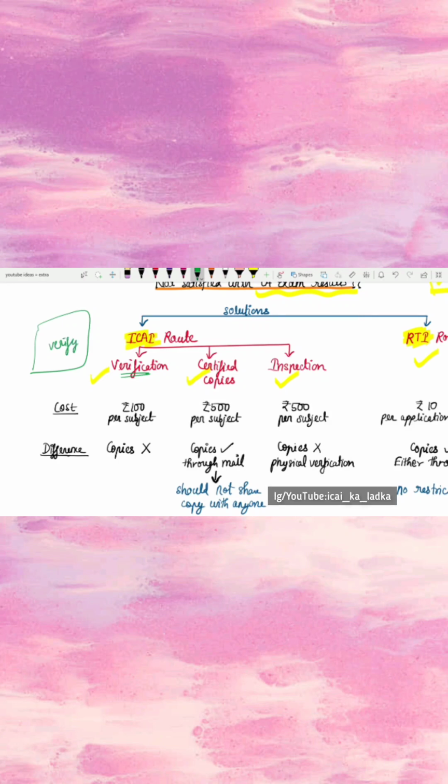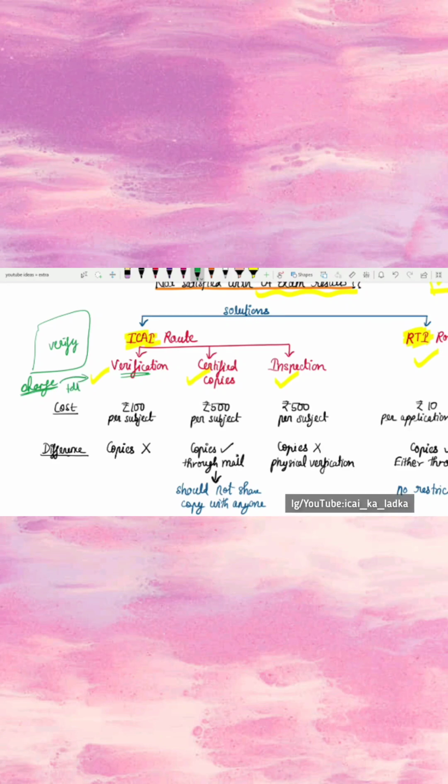That means if there is any totaling error or any unchecked part, they will verify that, and only if there is any change, they will tell you.